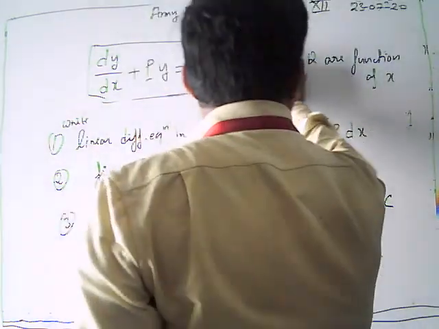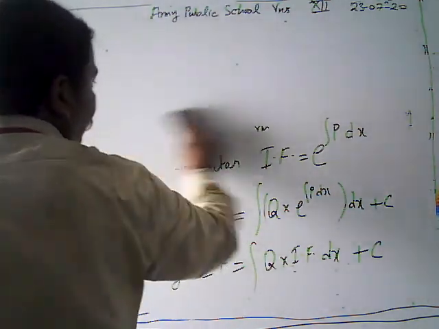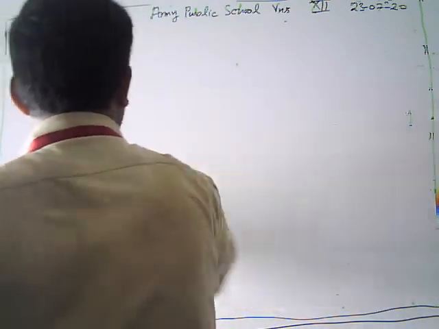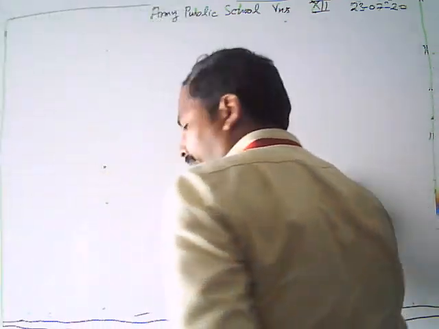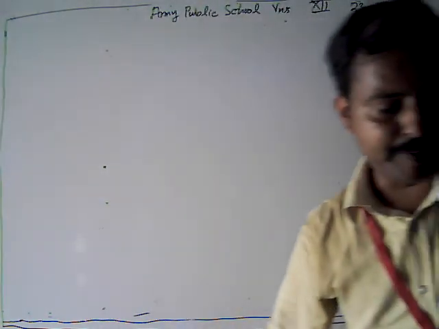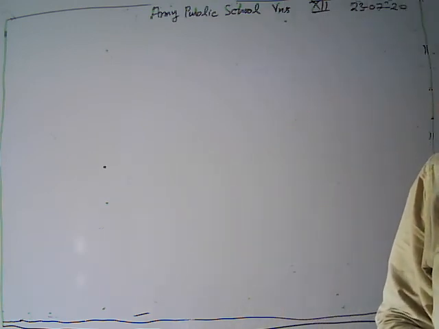I am going to explain with some examples how to get the solutions using the integrating factor. Start with one problem. Our first problem is from the NCERT exercise: for the differential equation, find the general solution.